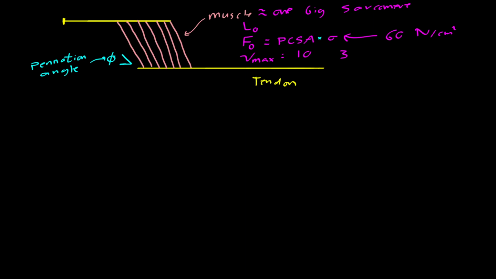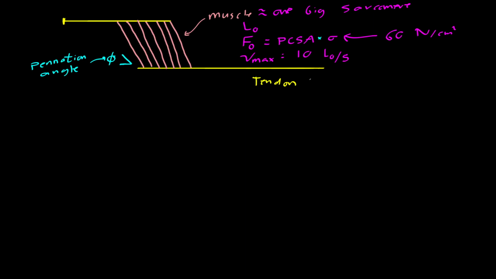For slightly arcane reasons, we express those in optimal fiber lengths per second. There's a little bit of detail on this in the notes from week 9 if you're interested. But just a slight implementation detail is we use this strange unitless unit here.